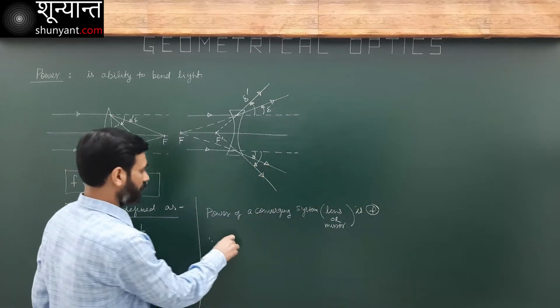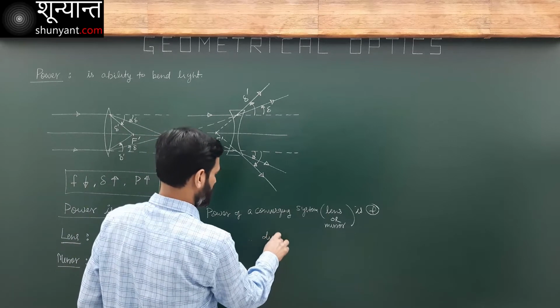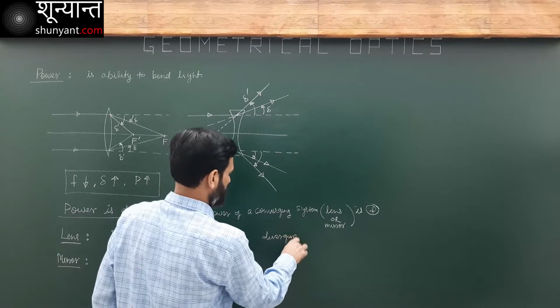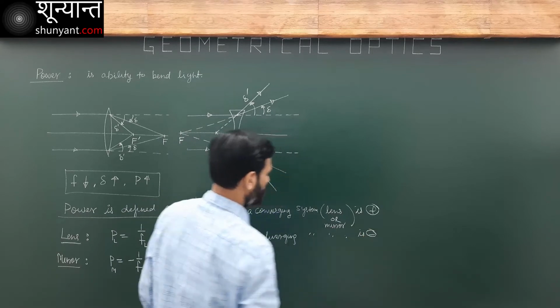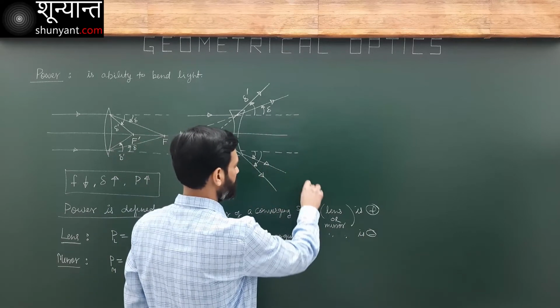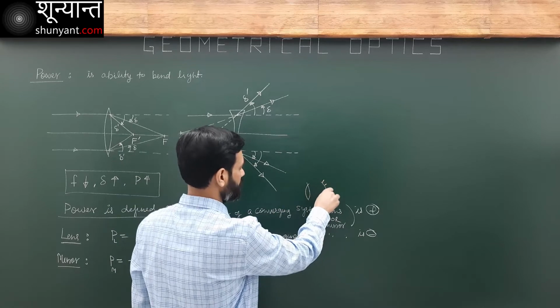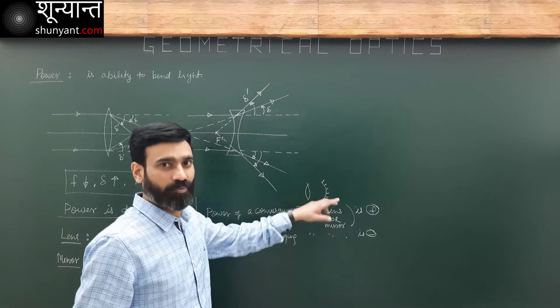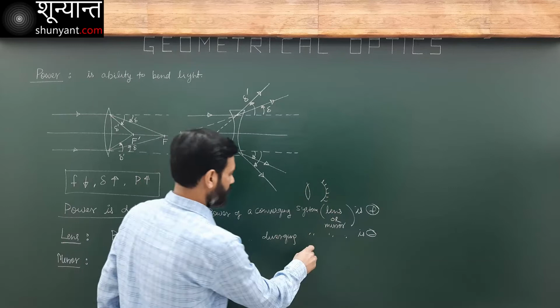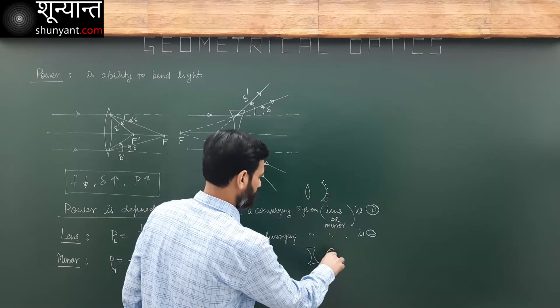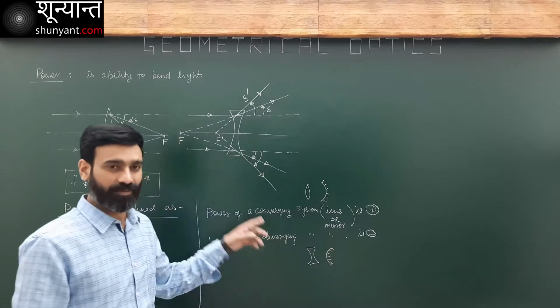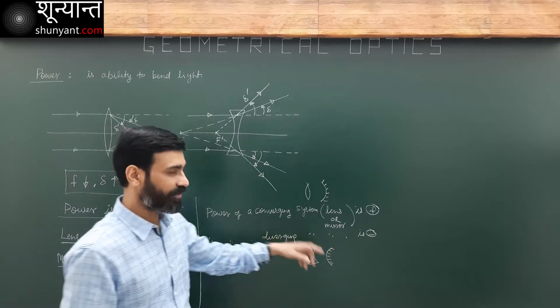And the power of a diverging system is negative. So for a convex lens or a concave mirror, which are converging systems, power is going to be positive. A concave lens and a convex mirror, both are diverging. Their focal lengths are negative, power is negative.